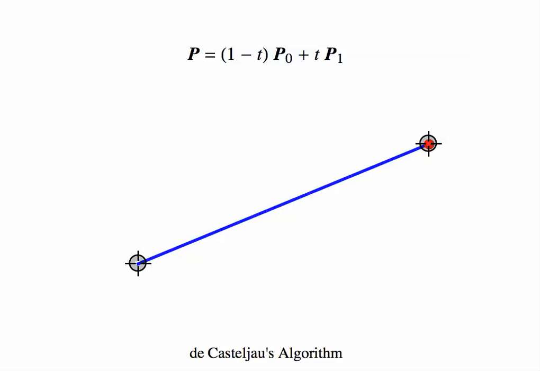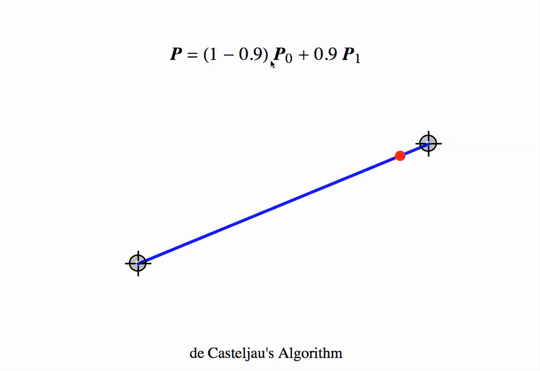So now, let's track t as we move it from one side to the other. At one end, the weight on P0 is 1, and the weight on P1 is 0, so the influence is completely from P0. And as we increase our t, we have less P0 and more P1.